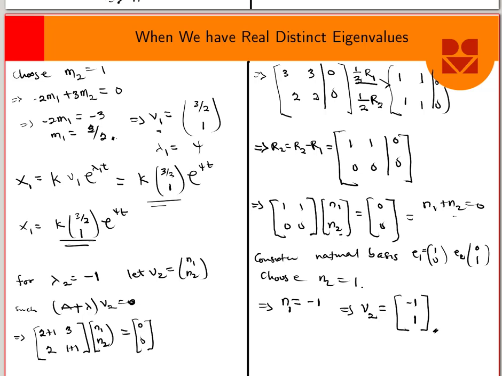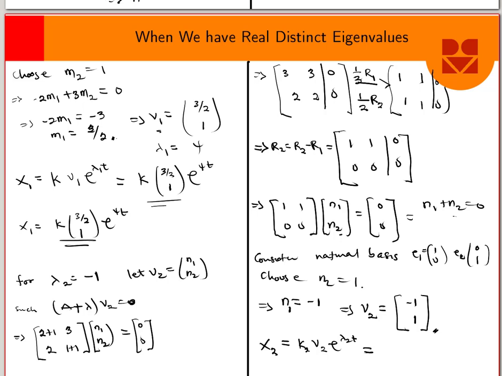Alright, so if we have our v2 to be negative 1, 1, then all we have to do is to say that our x2, the second part of the solution, should be giving us a certain constant k2 times v2 e exponent lambda 2 t.